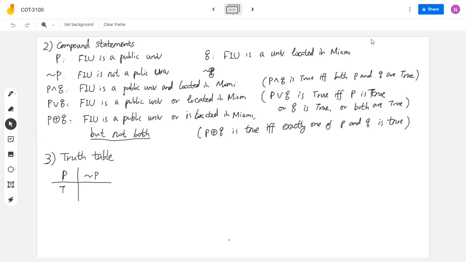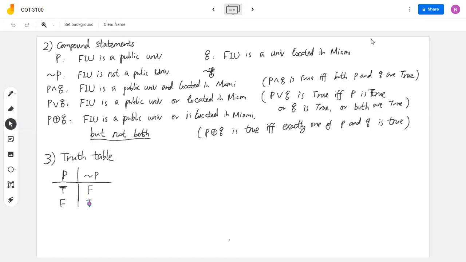It applies to any proposition, so we don't need to plug in any statement for this relation. If P is true, we know that not P is false, because this is the definition of not. If P is false, that means not P is true.